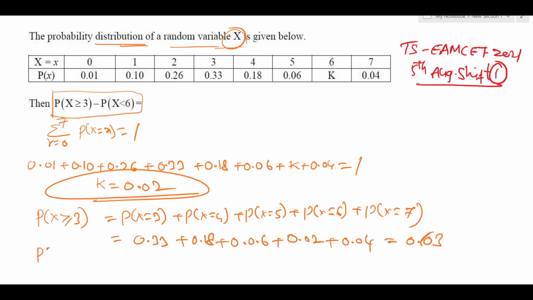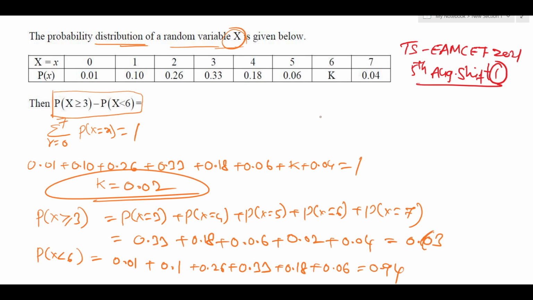Now find P of x less than 6, that is up to 5: 0.01 plus 0.1 plus 0.26 plus 0.33 plus 0.18 plus 0.06. So that is equal to 0.94.